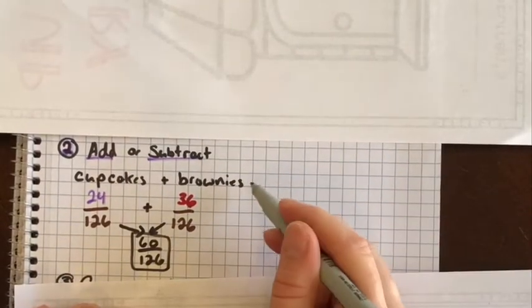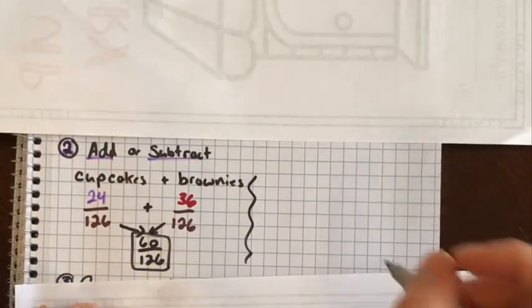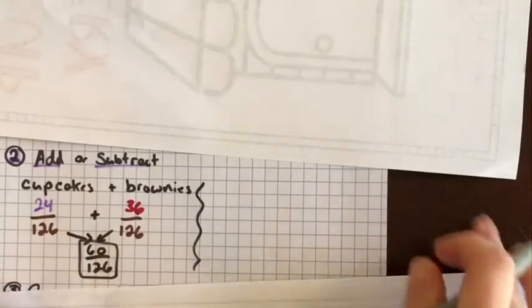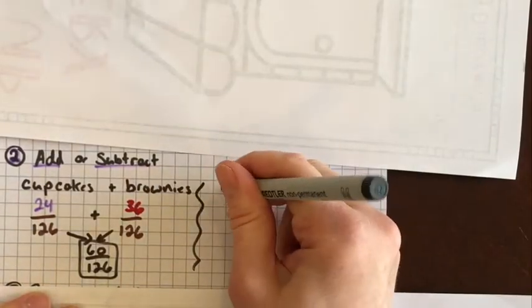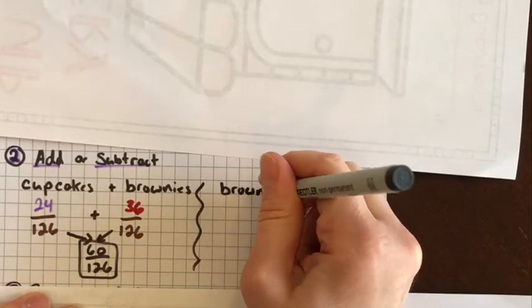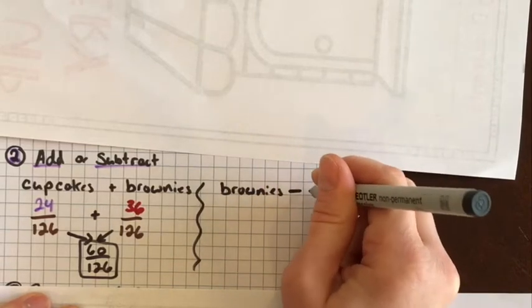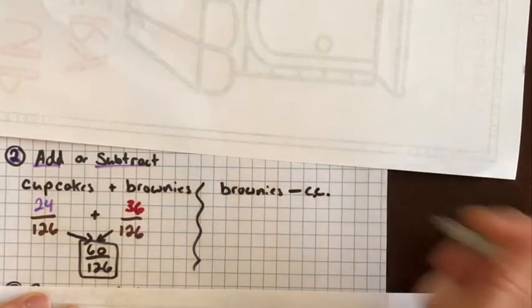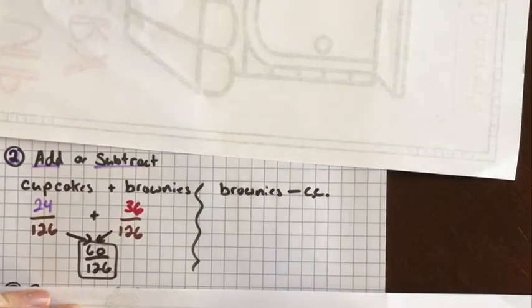Okay, that's your first example, but what if you run into a situation where it's subtraction? Well, let's look at that example. Here, we're going to look at brownies minus cupcakes. And instead of writing cupcakes, I'm just going to put CC because I'm lazy.